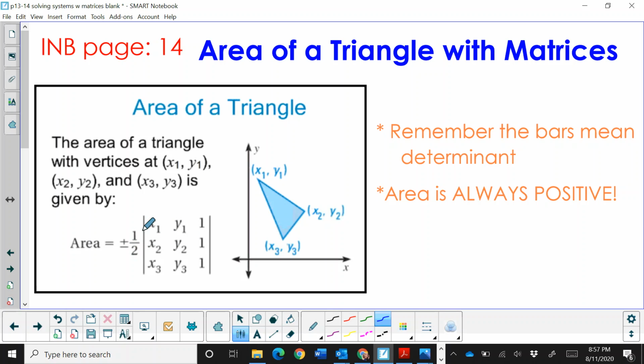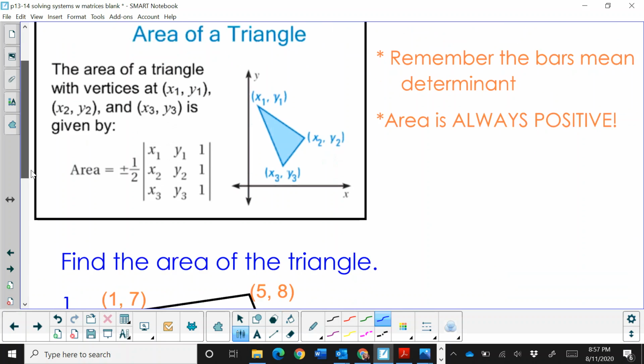So 1/2 the determinant of this matrix, which you just put the variables in: x1, y1, 1, x2, y2, 1, and x3, y3, 1. Just set up this little 3x3 matrix, find the determinant, because that's what those bars mean, and then make it positive, which is why we have a plus or minus, and then take half, because we know just like the area of a triangle is 1/2 base times height.